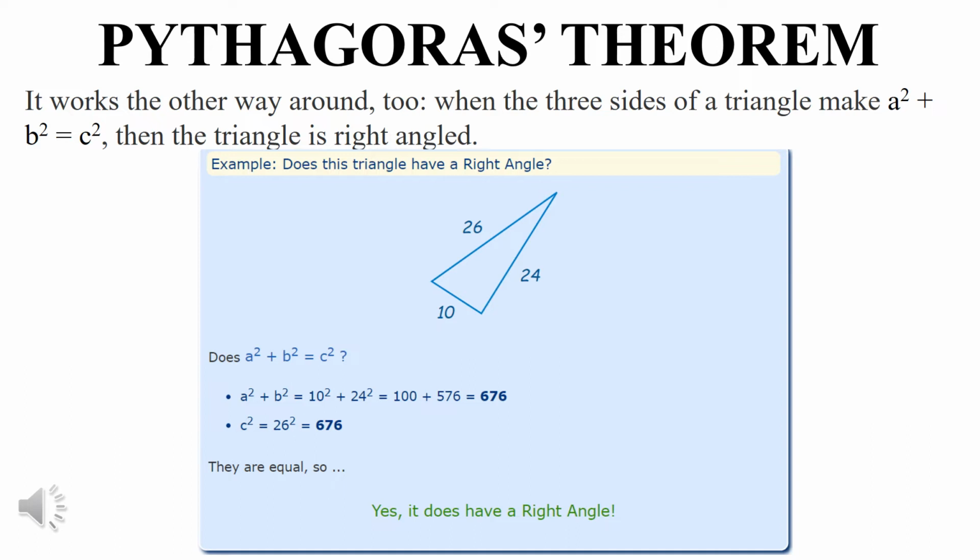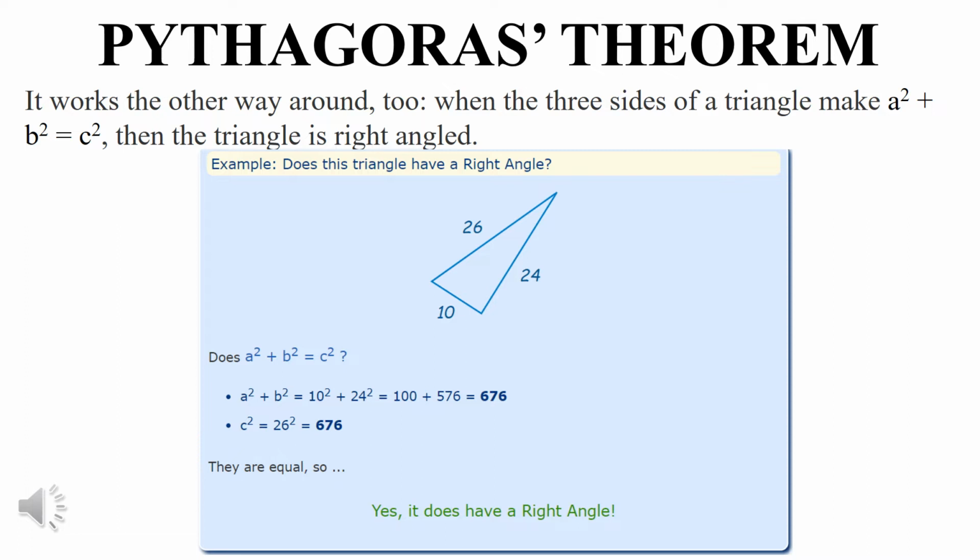It works the other way around too. When the three sides of a triangle make a squared plus b squared equal to c squared, then the triangle is right-angled. Example, does this triangle have a right angle?